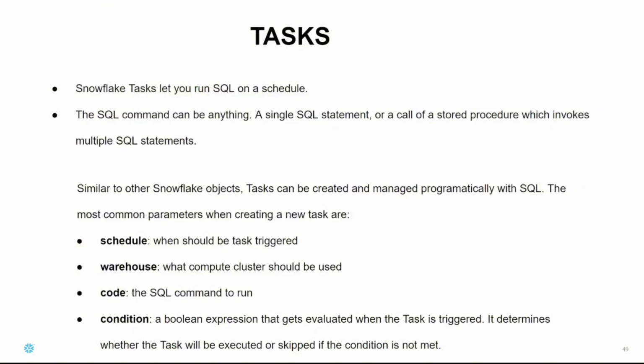This is optional, but it's good to have a condition so that your task is not running unnecessarily. You always have an expression to check whether the condition you have given in the task has come as true or not, and then you execute the SQL statement inside that task, else the task will be skipped.